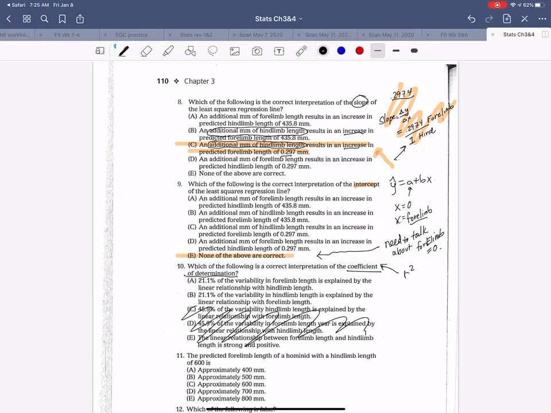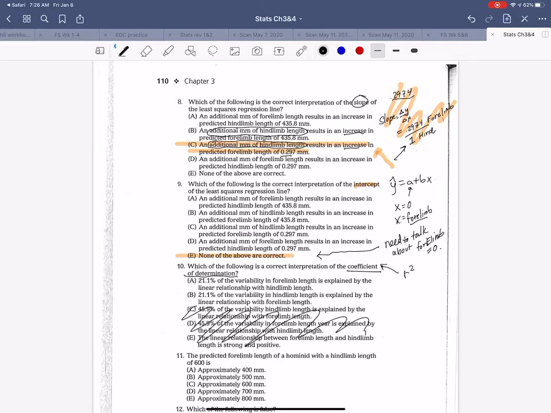And what are we going to interpret? Well, it's the variability of the, well, let's look here in our notes. It's the variation in forelimb explained by the linear relationship with hind limb.